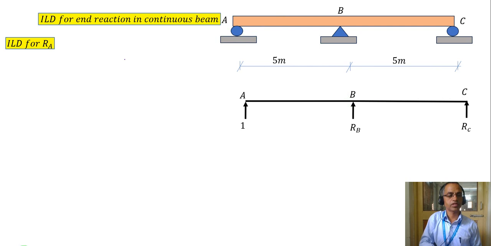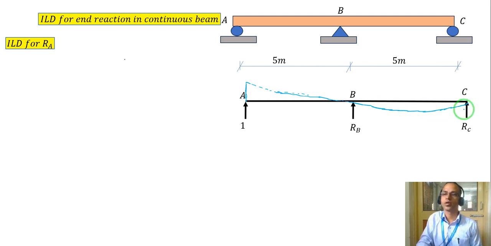So this is very simple. By applying unit reaction here, the beam goes upward, and the deformed shape of this beam will be the ILD.